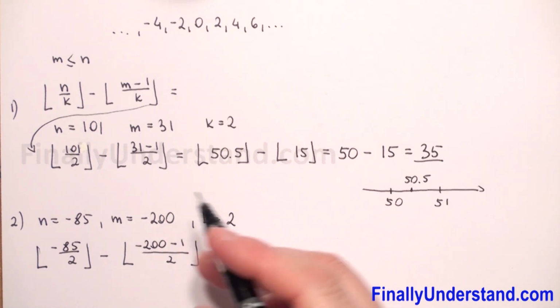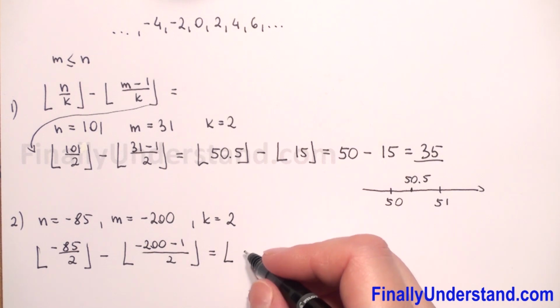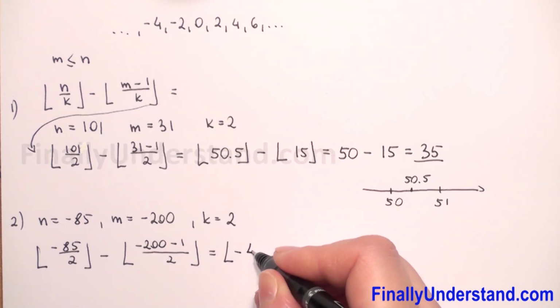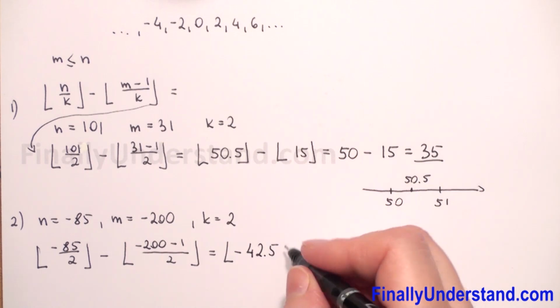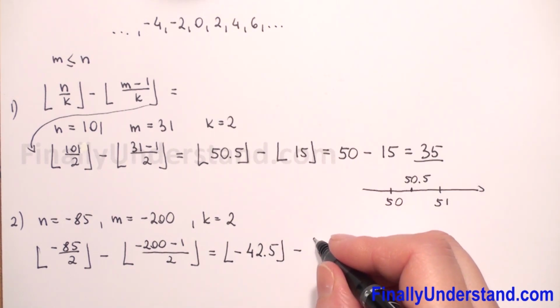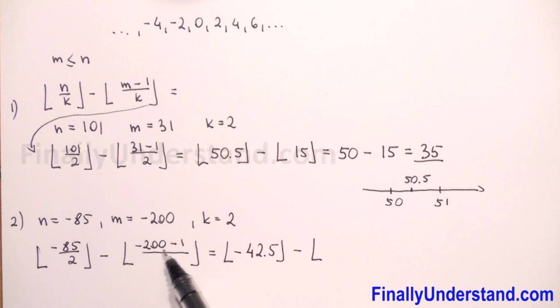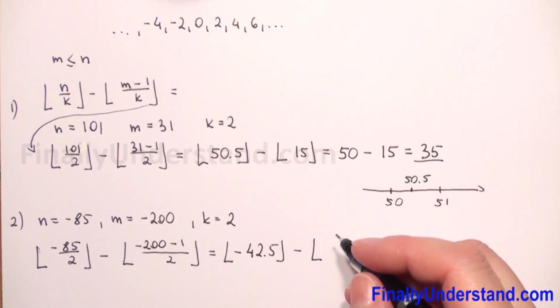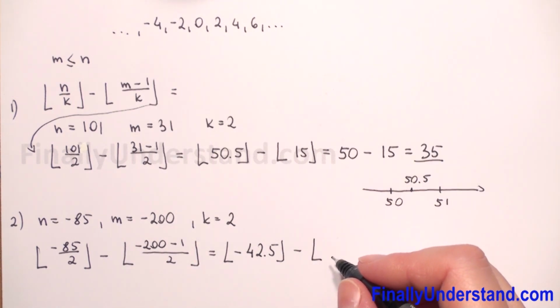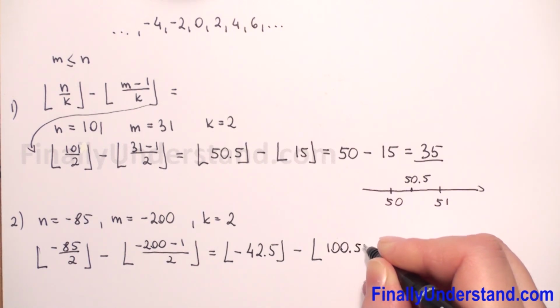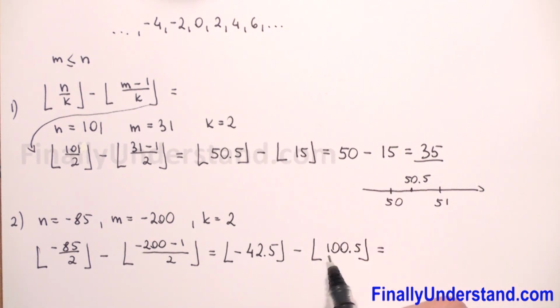So this is equal to floor of 85 divided by 2, which will be 42.5, and the negative sign we copy, minus, and we have floor of -200 minus 1, which will be -201, divided by 2 is equal to -100.5. Now we have to find the floor of these numbers. These numbers are not integers, and we know that the floor of a number is the largest integer that is less than or equal to this number.